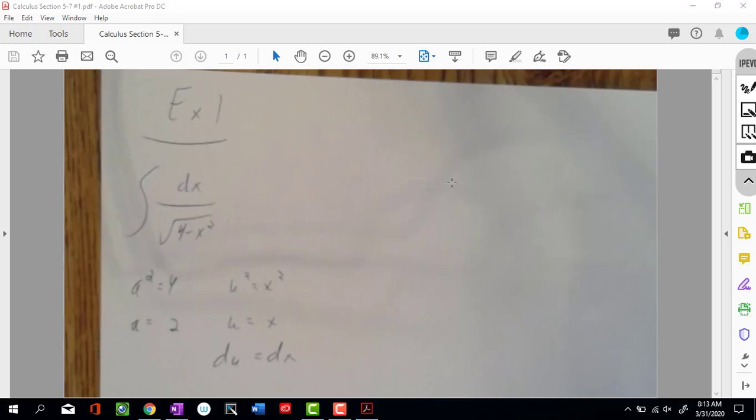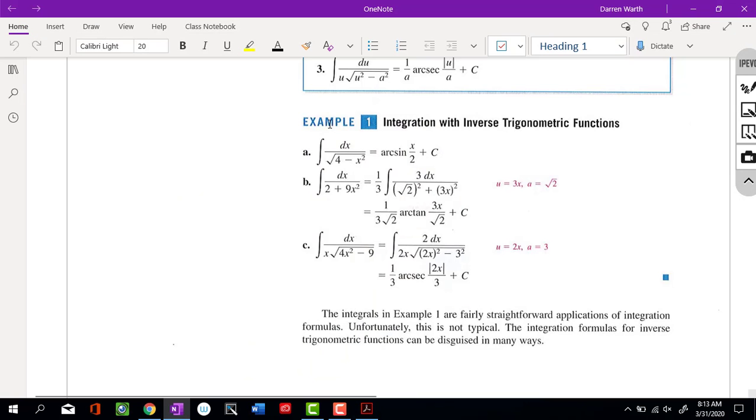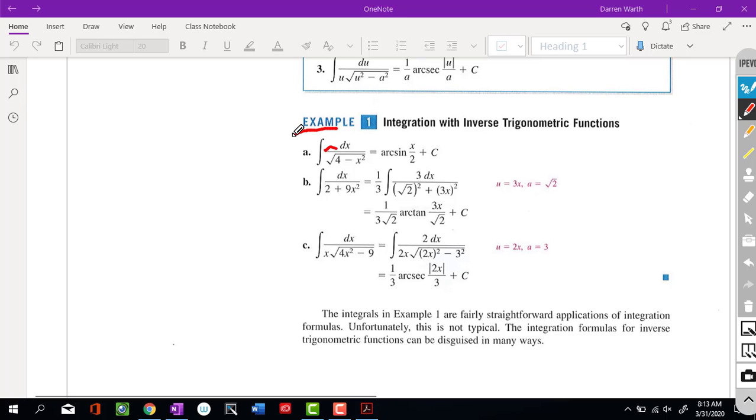But going back to this OneNote, you'll notice the arc sine is always the square root of some constant minus that variable squared.